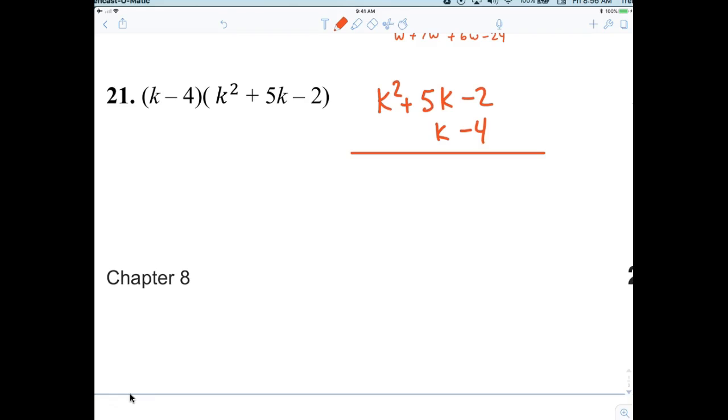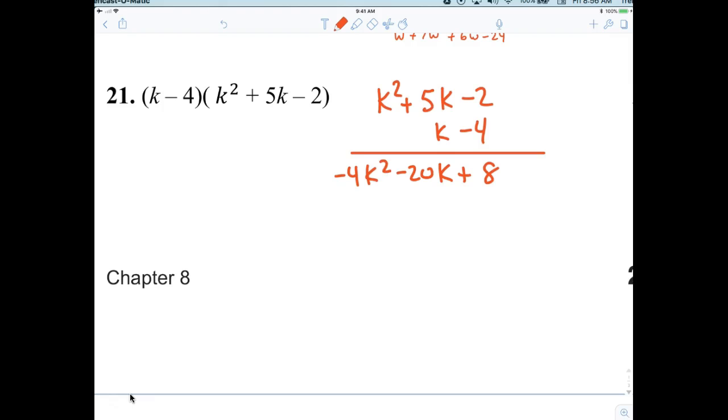Okay, so again, the only mistake possible is generally with the positives and negatives. Some of you make mistakes because you accidentally add exponents when you're adding, which is not the case. Please just look. -4 times -2, you put a +8. -4 times 5 is -20k. -4 times k squared, -4k squared.